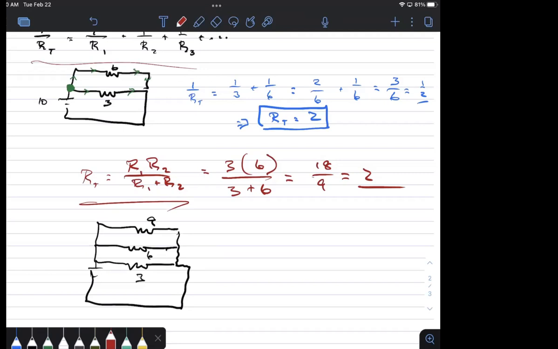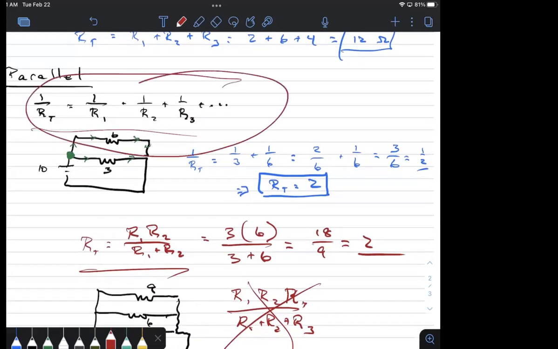I would see people say, well, look, if that equation works, and if I have 3 resistors instead of just 2, all I do is R1 times R2 times R3 divided by R1 plus R2 plus R3. You know, I just generalize it. I add in the 3rd resistor. But that doesn't work. You can't do it with 3. At least you can't do it this easy. Once you have 3 resistors, you can't use the shortcut anymore, and you have to do the true actual equation.